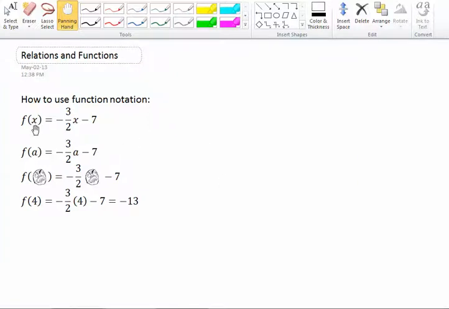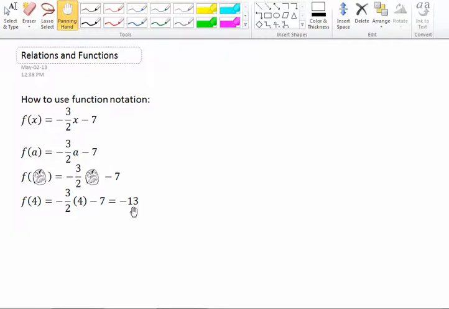If I have f of a, it becomes negative 3 over 2 times a minus 7. F of face is equal to negative 3 over 2 times face minus 7. And f of 4 would be negative 3 over 2 times 4 minus 7. And if we do this on our calculator, we see we get negative 13.